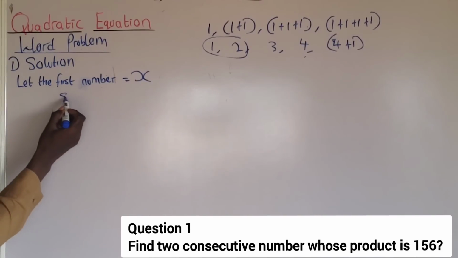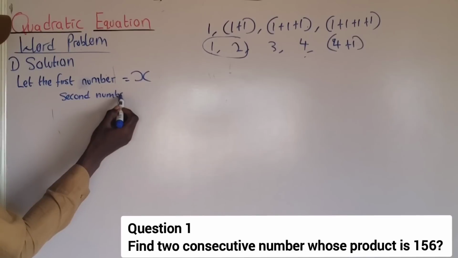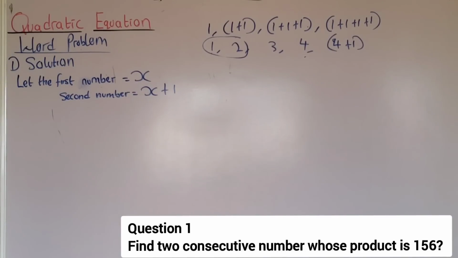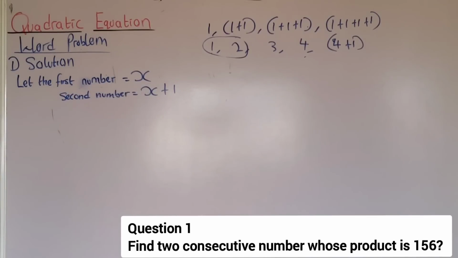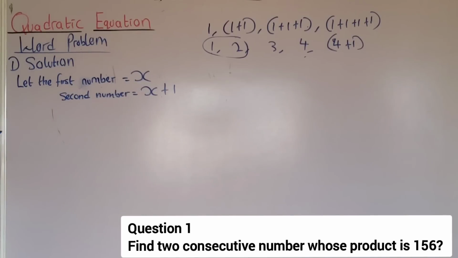So the second number will be x plus 1. Do you know how I got this? I've already explained that consecutive numbers are those numbers that differ by 1. The difference between x plus 1 and x is 1.